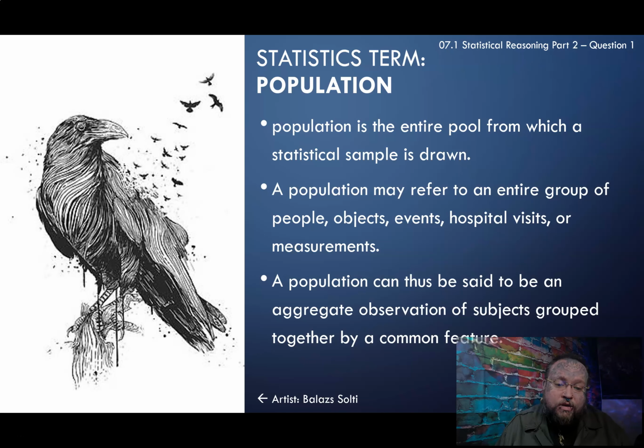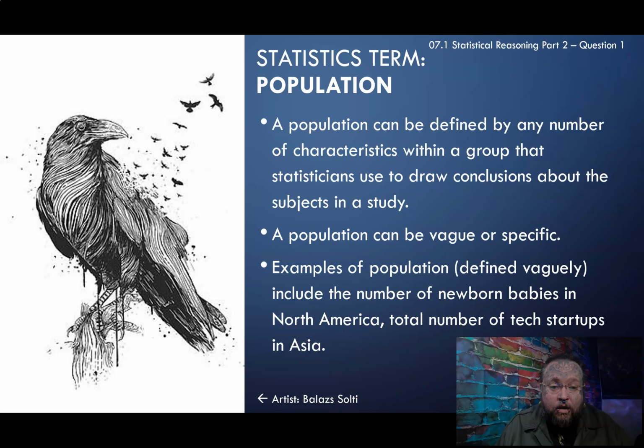So that narrows it down, and you need to define that. You need to think about that when you're designing your own case. It can be defined by many different characteristics, but it's really key upon what you're looking at.